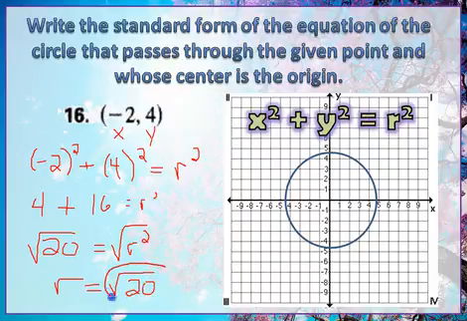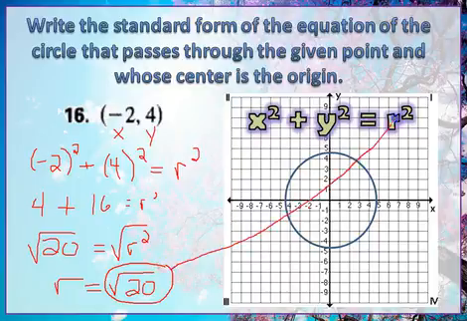That's the radius length. So since that's r, then I plug that right in there for r. So that means I'm going to have x squared plus y squared equals the square root of 20. That's what the radius length is, the square root of 20.